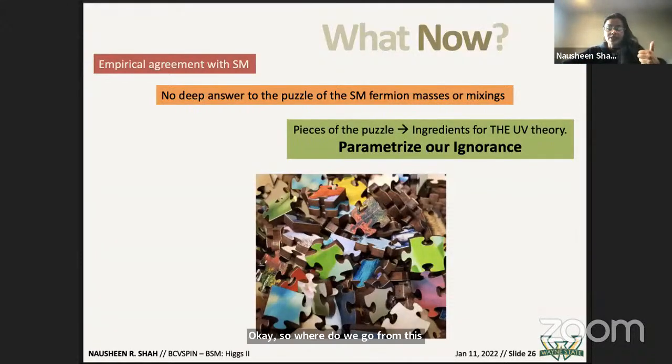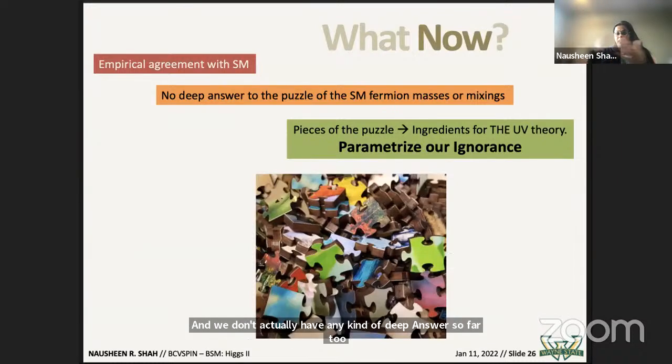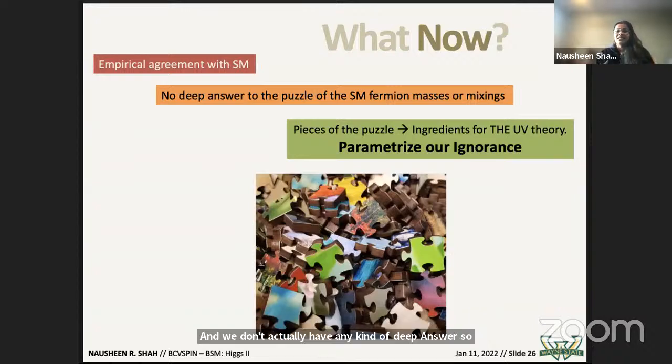And you need to absolutely have empirical agreement with the standard model. And we don't actually have any kind of deep answer so far to the puzzle of basically the standard model fermion masses and the mixing. So the way I think about it is, we're trying to piece together different parts of the puzzle, and we don't necessarily see the big picture, but we can think about if we can put together little pictures that can give us the ingredients of the actual UV theory that we're trying to understand.